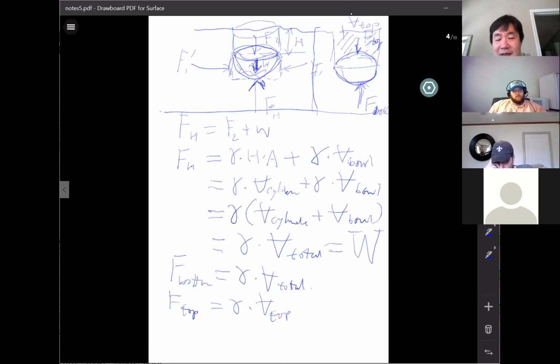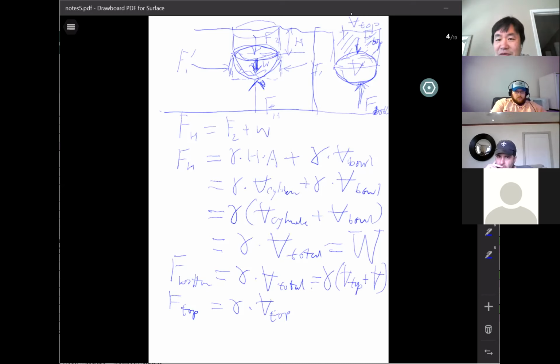Okay, so F bottom is the same, it doesn't matter what kind of situation, the shape is the same, the location is the same. It should be exactly the same as the previous derivation. So it will be the total volume sitting on top of this bottom surface, which includes the top volume as well as the volume of the entire bowl inside. So F bottom is gamma times the volume of top plus the total volume of the enclosure. That makes sense?